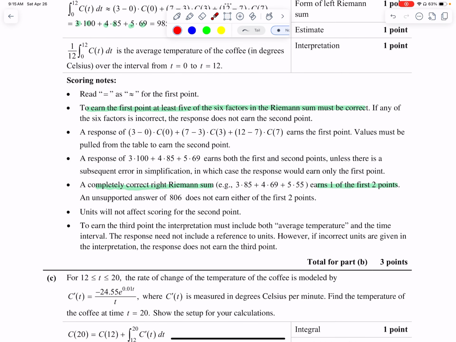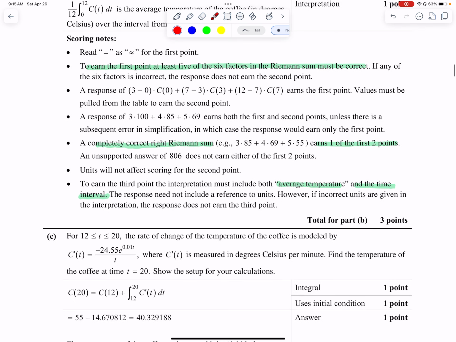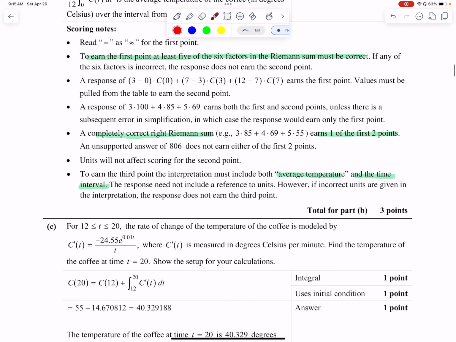Units do not affect this, and to earn the third point, the interpretation must include both average temperature and the time interval. Okay, that is kind of important. Response does not need to reference units. However, if incorrect units are given in the interpretation, you don't get that third point.